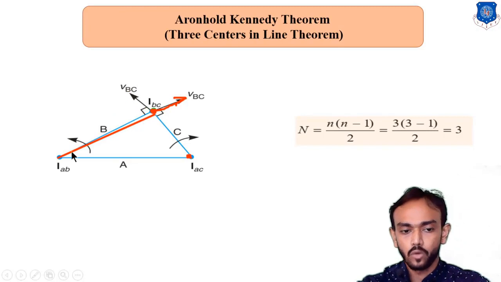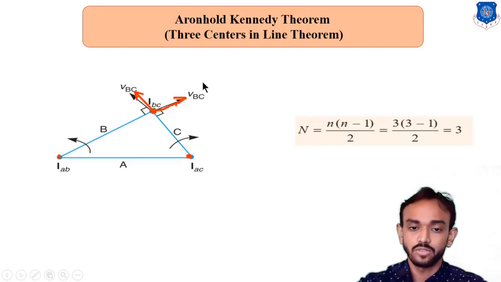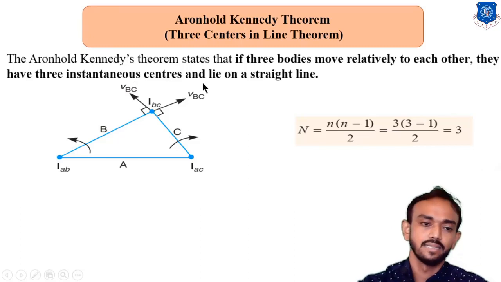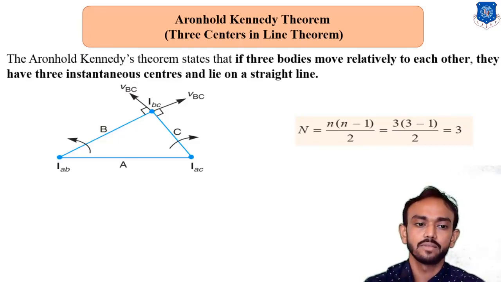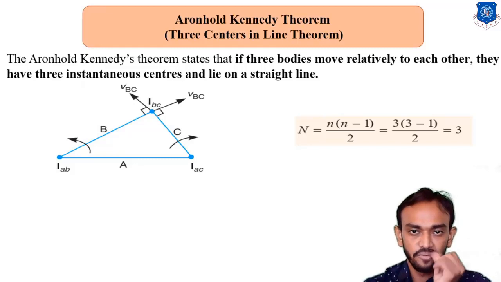So with respect to this point, the motion of this point is in this other direction. So it is not possible. That's how the Aronhold-Kennedy theorem comes about. The statement is like this: if three bodies move relative to each other, they have three instantaneous centers and they lie on a straight line. Don't confuse it with this figure.